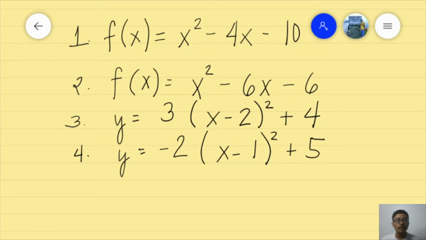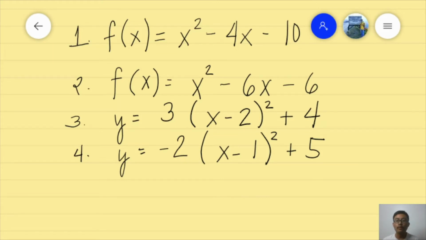So, let us consider these quadratic functions. Number 1, we have f of x is equal to x squared minus 4x minus 10.